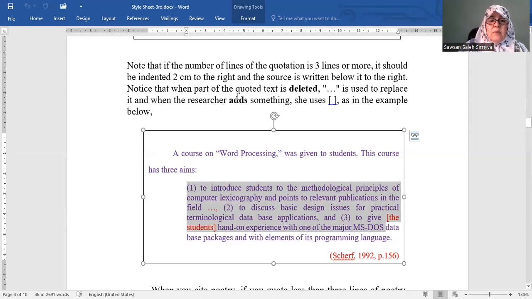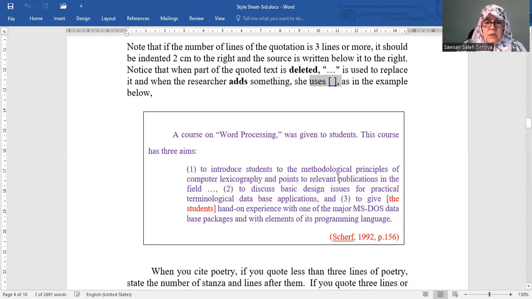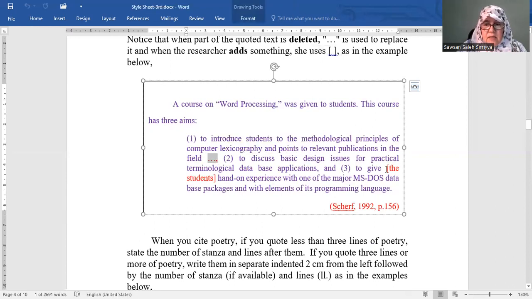Notice that when part of the quoted text is deleted, 3 dots are used. And if I want to add something, we use 2 square brackets. You see here? Now, there is a deletion here, and there is an addition here. Why do I use addition?